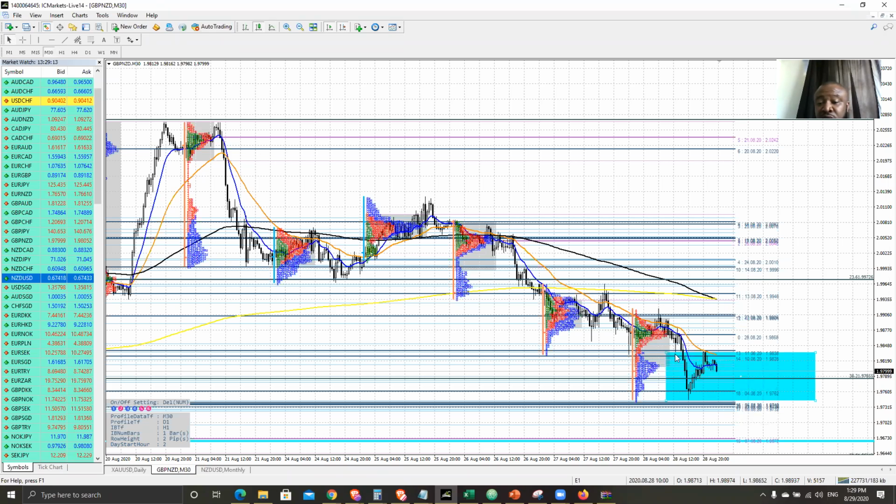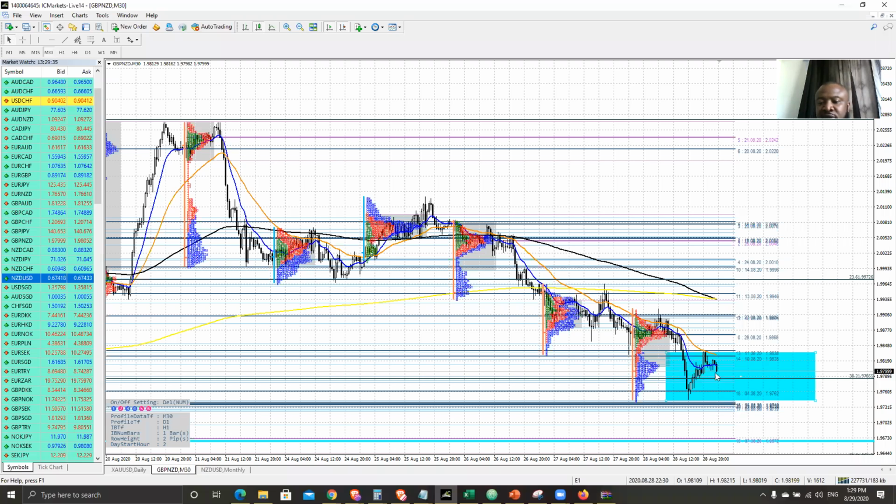If we manage to close inside there now, then it's a different situation. But for now, I'll first of all look for a reason to come and test this low. Even if the market opens and goes up a little bit higher, I'll still look for a reason for us to come and test this low. Just keep that in mind as we go.